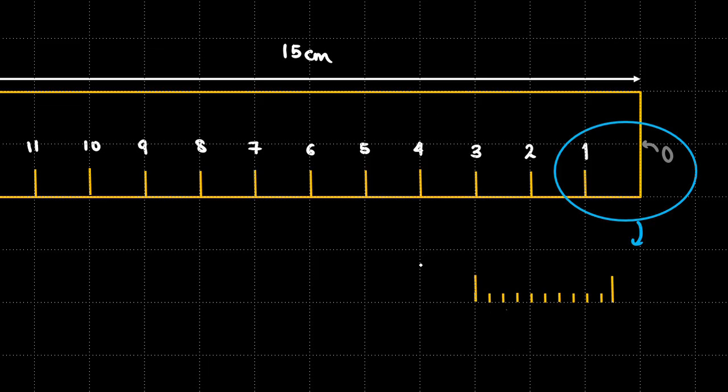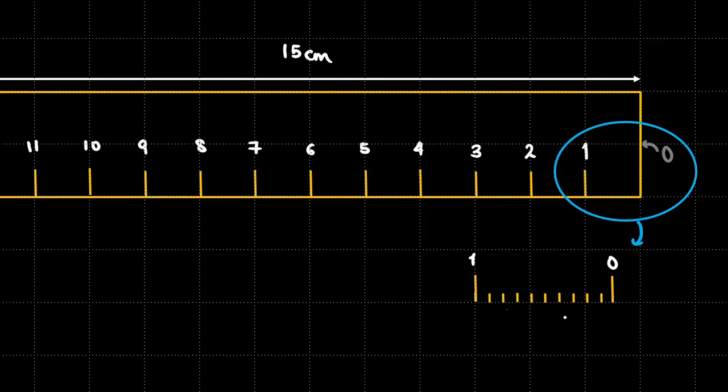So let's write the markings. This is 0, 1 centimeter, 2 centimeter, 3 centimeter, 4 centimeter, 5 centimeter, and so on. Among two of them, you will see like this.